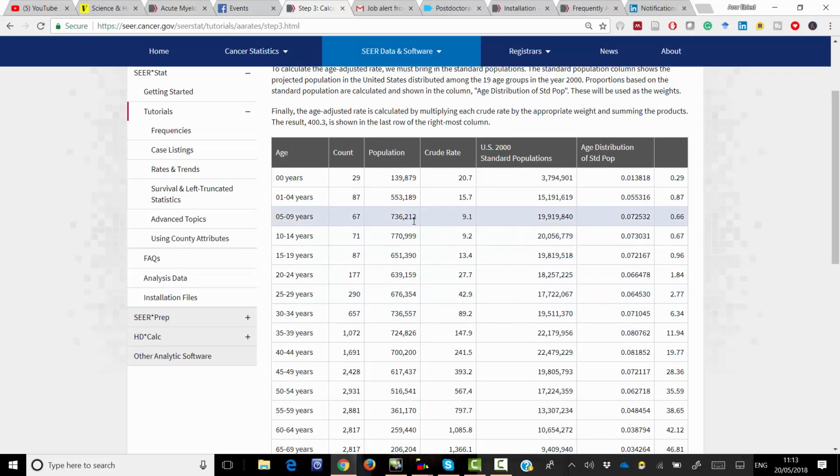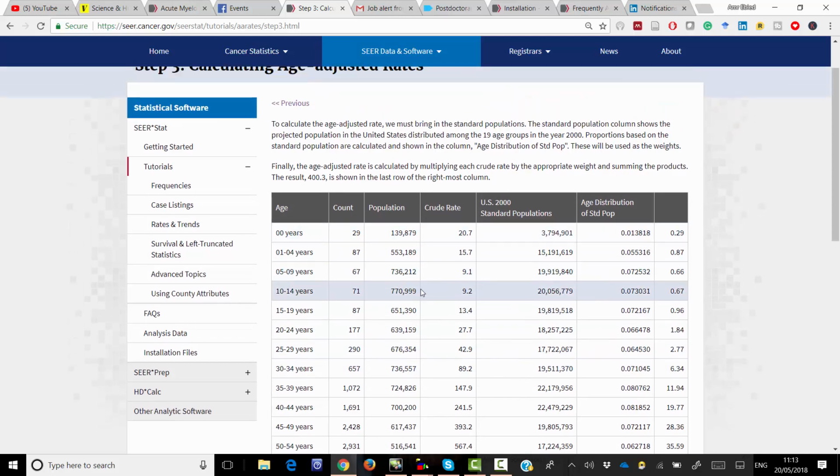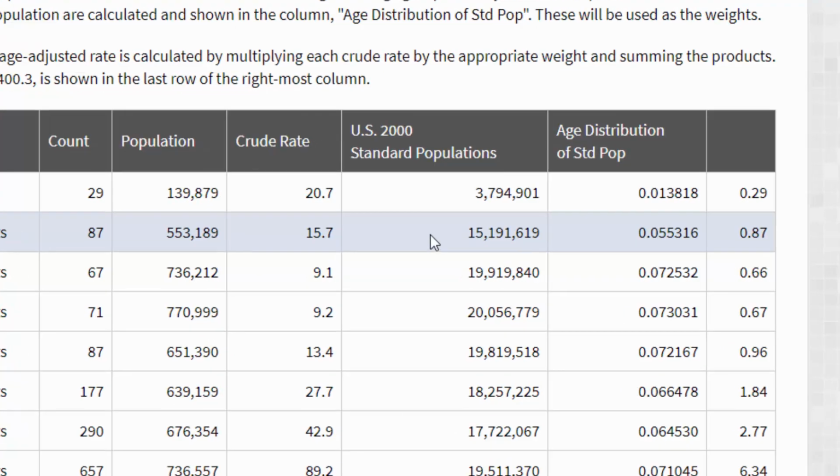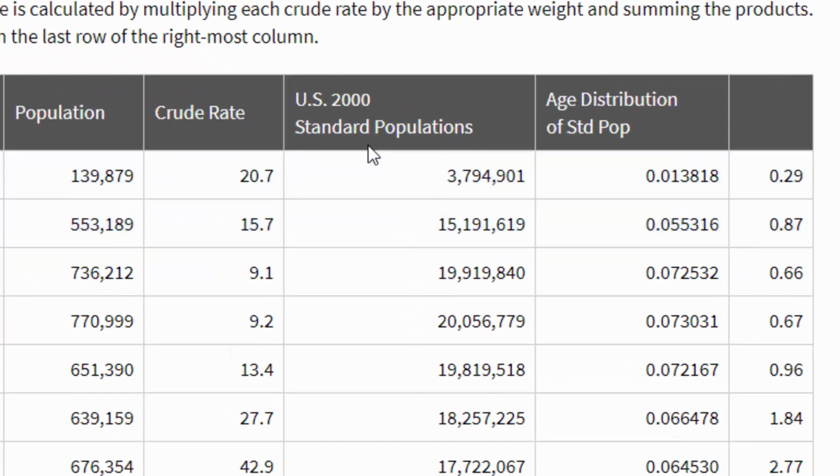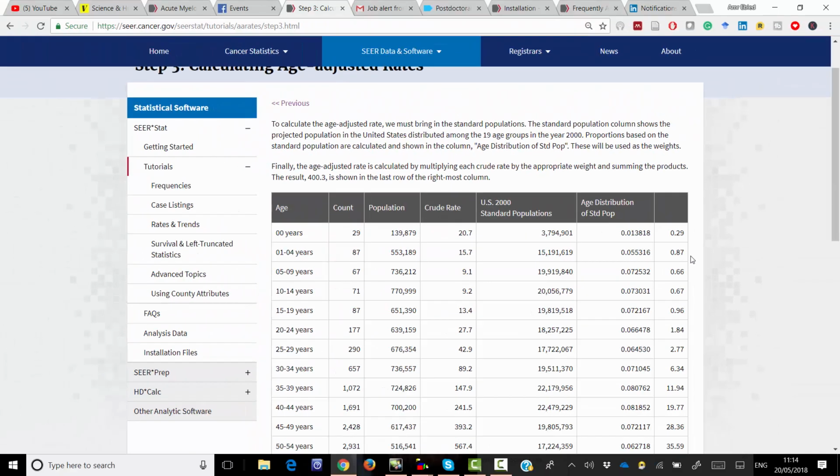If we see this example within the same table, within the 1 to 4 years of age, the crude rate is 15.7 cases per 100,000 patients, whereas if we relate this to a US standard population with a new weight for this age group, we get a new age-adjusted incidence rate of 0.87 cases per 100,000 patients.